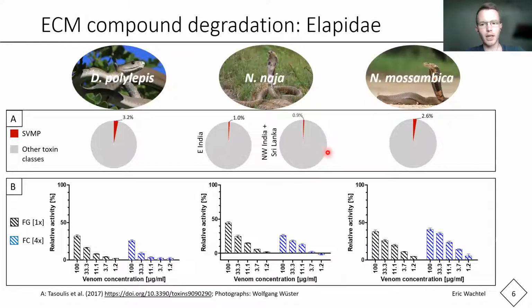Then we used an assay utilizing gelatin and collagen type 1 as substrates to study the cleavage rate of these different venoms. Here we have the elapids. First, we can see that the 2 Naja species are fairly similar in activity, with Naja mossambica being a bit more potent towards the gelatin, as well as the collagen type 1.